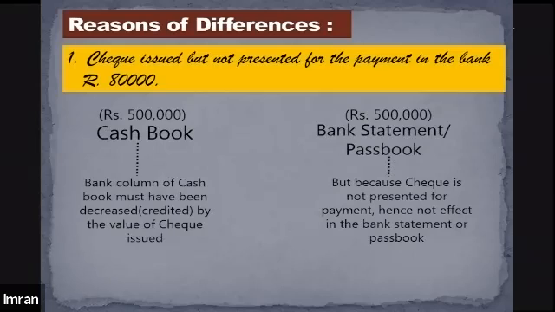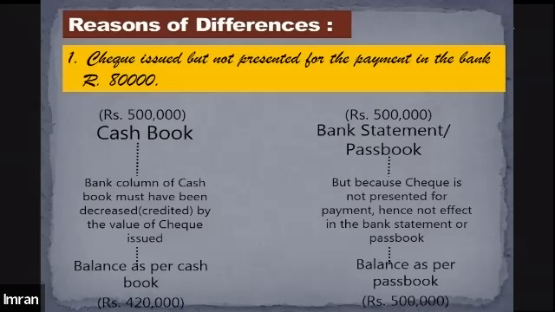But because the check is not presented for payment, it has no effect in the bank statement or passbook. So the bank balance as per cash book will be 4,20,000, but the balance as per passbook will remain 5 lakh. Hope this point is clear, everybody. Is it clear? Yes or no?